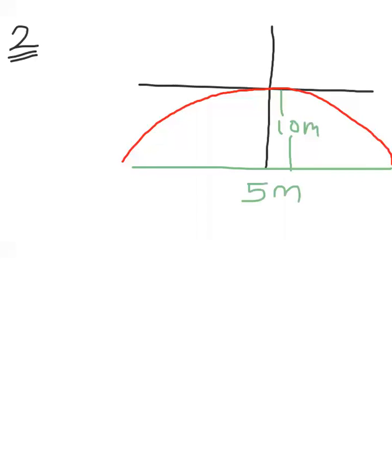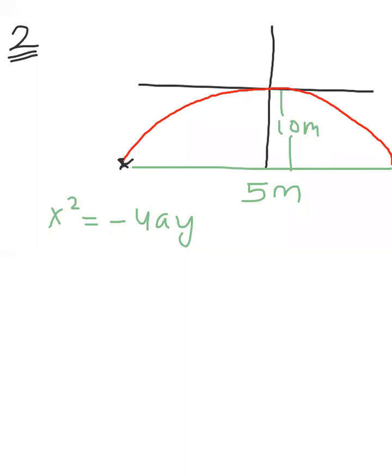So first of all, we are going to calculate the equation of this arch or parabola. So this parabola will be x square equals minus 4ay. Now we are calculating the coordinates of any one point, this point.